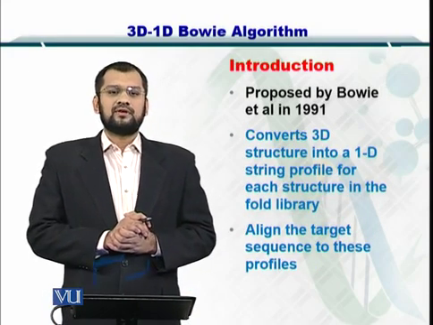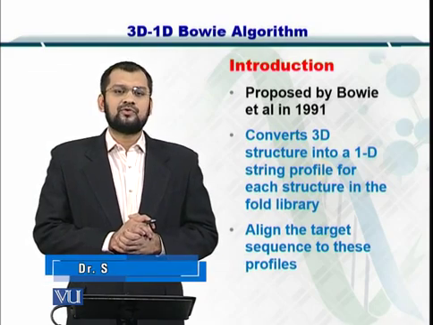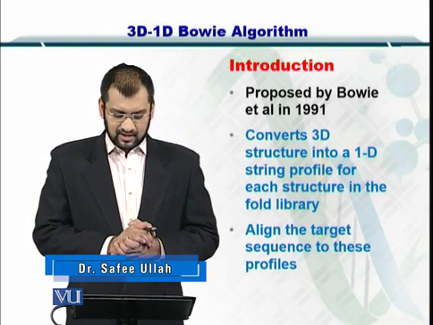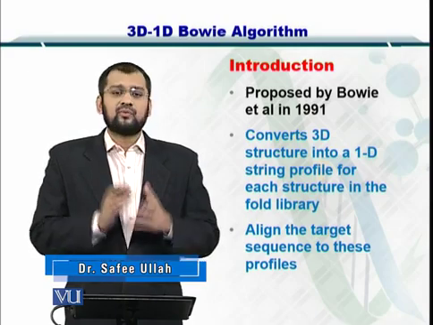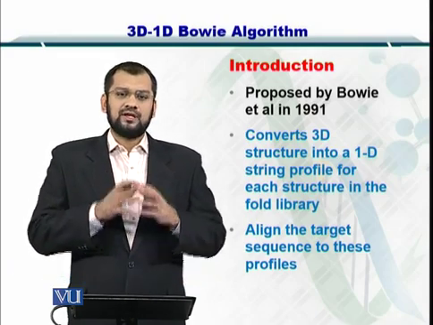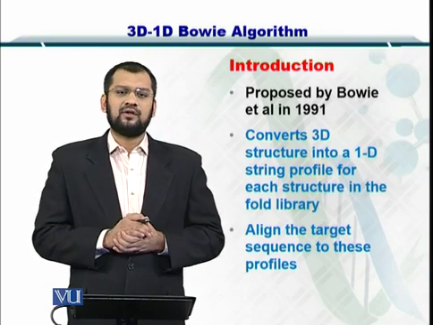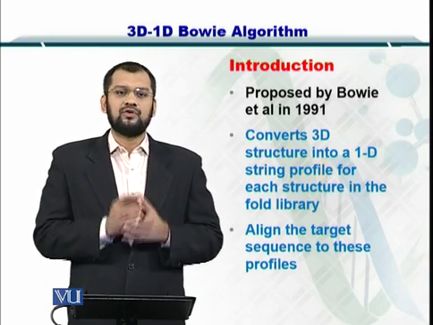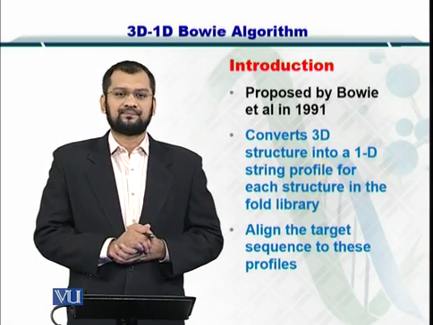Now towards the 3D-1D Bowie algorithm. So this was proposed by Bowie et al. in 1991. What it does is convert the 3D structural profile of a protein structure into a 1D array.